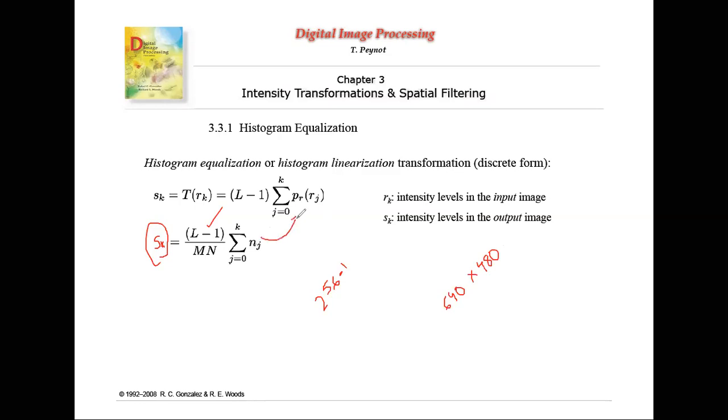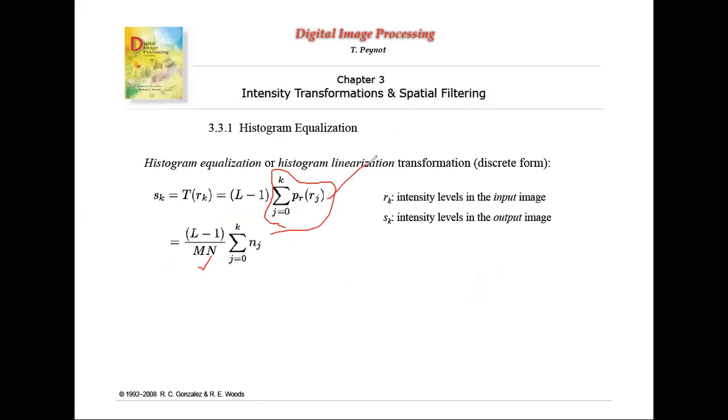Now these nj are the cumulative probabilities accumulated. Rather than concentrating on this one, let us keep this formula. This formula is better. So this is a cumulative sum of the individual intensity probabilities.